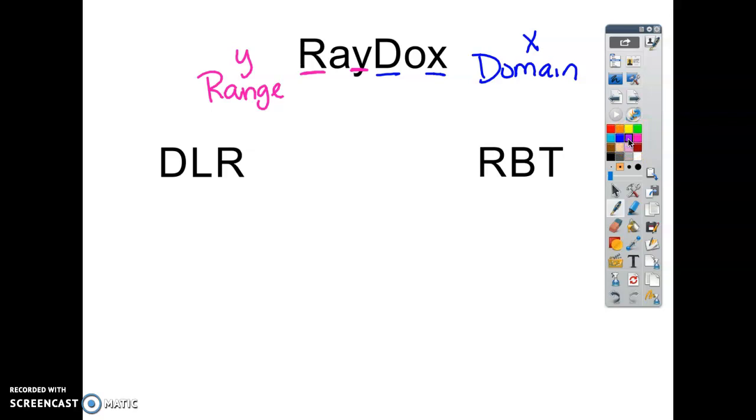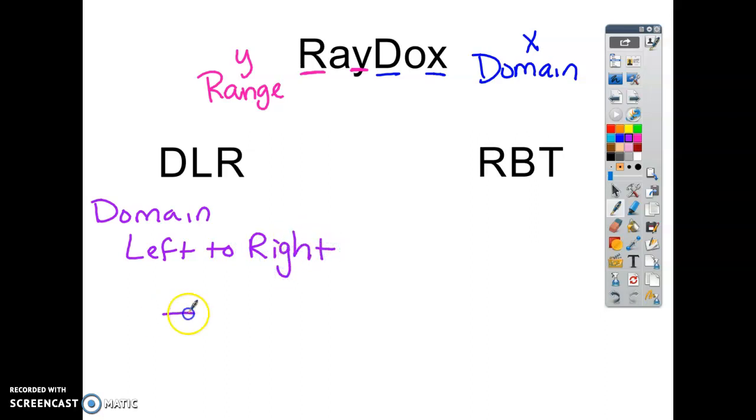And then Dollar Ribbit. DLR means domain is from left to right. That means we're looking from here all the way to here. What number is this? What number is this?